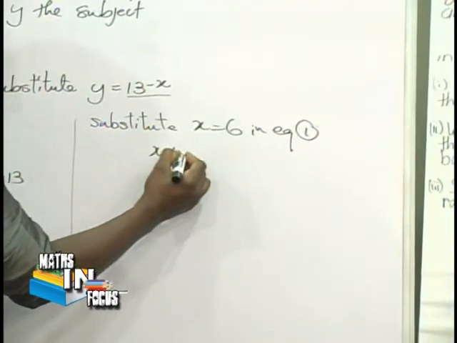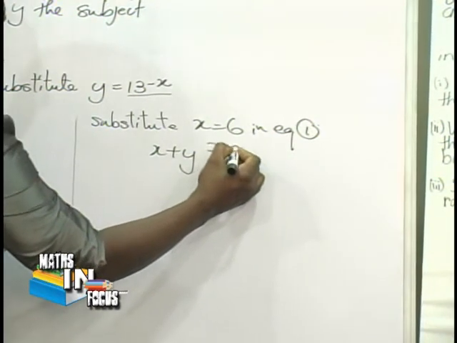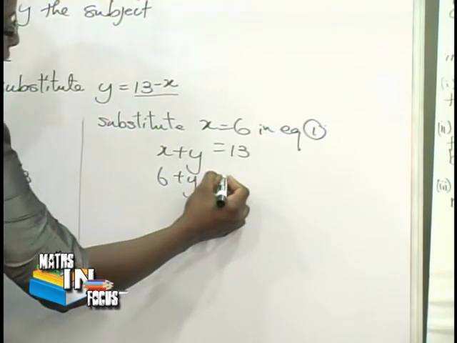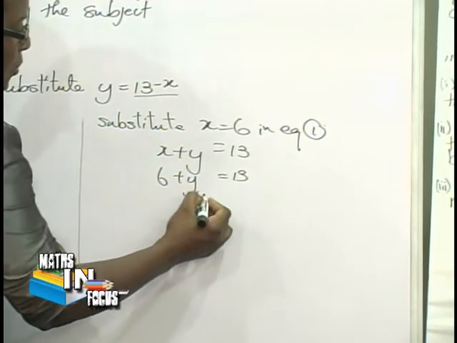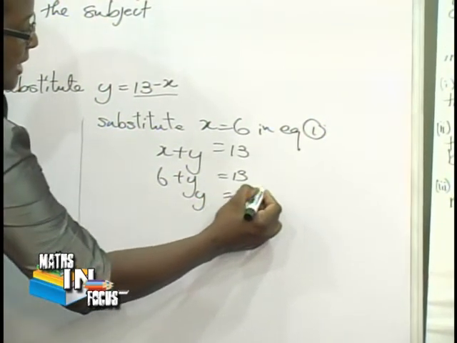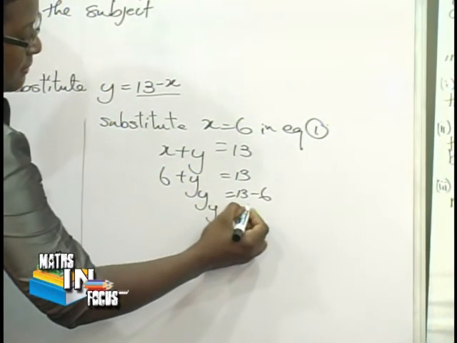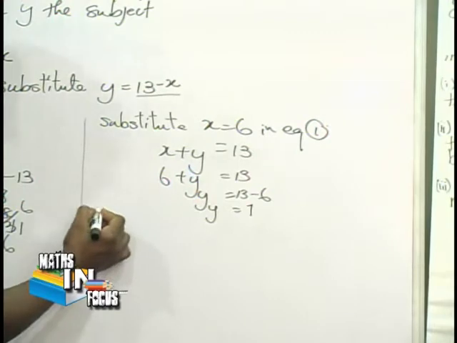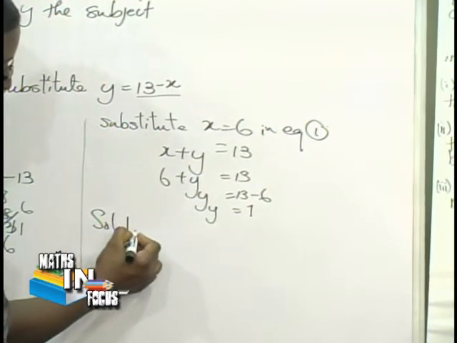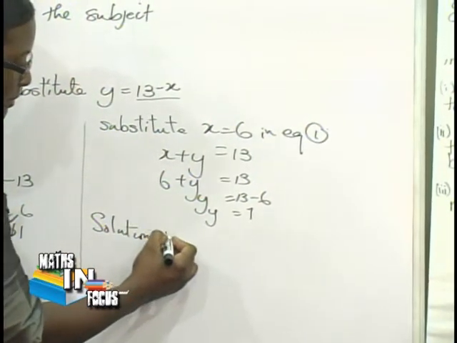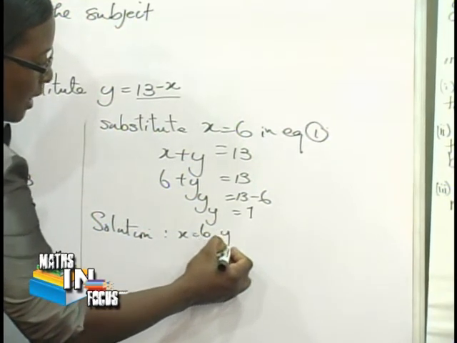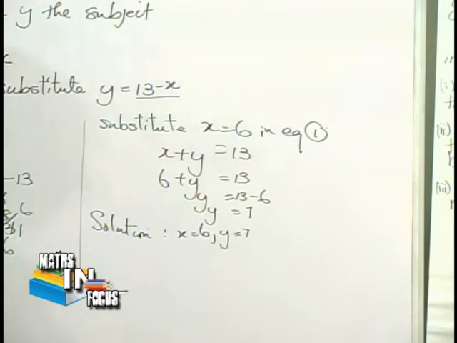Equation 1 says x plus y is equal to 13. x is 6 plus y equals 13. y is equal to 13 take 6. y is equal to 7. So our solution, x equals 6, y equals 7.